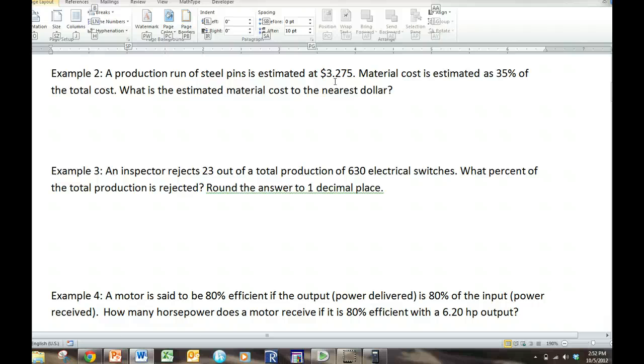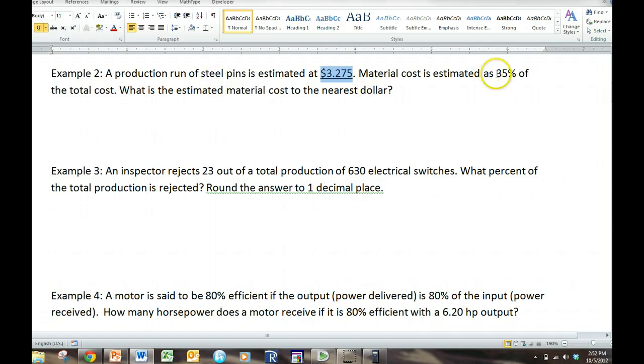If you can figure out how to rephrase the question so that it's really basic, then sometimes that helps you, because there's a lot of extra words in word problems. So, the production run of steel pins is estimated at $3.275. I'm just going to underline that.